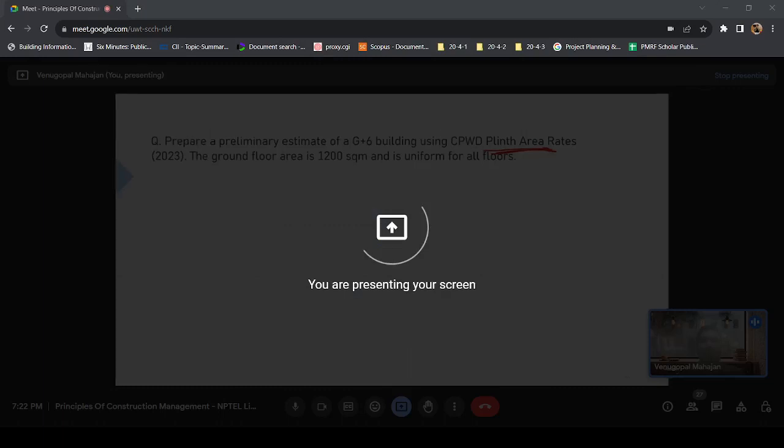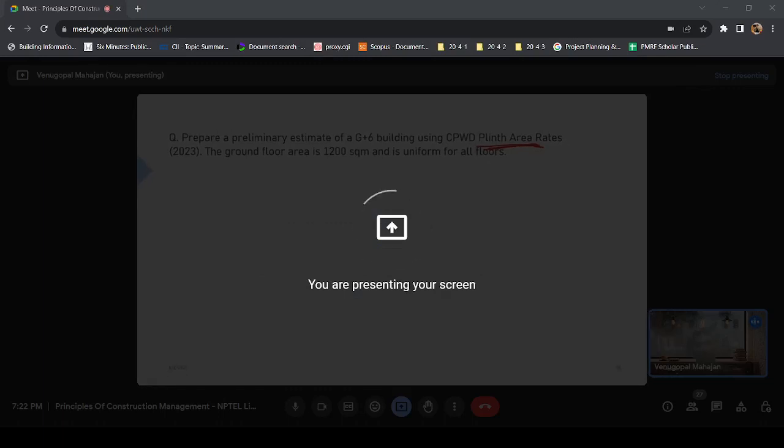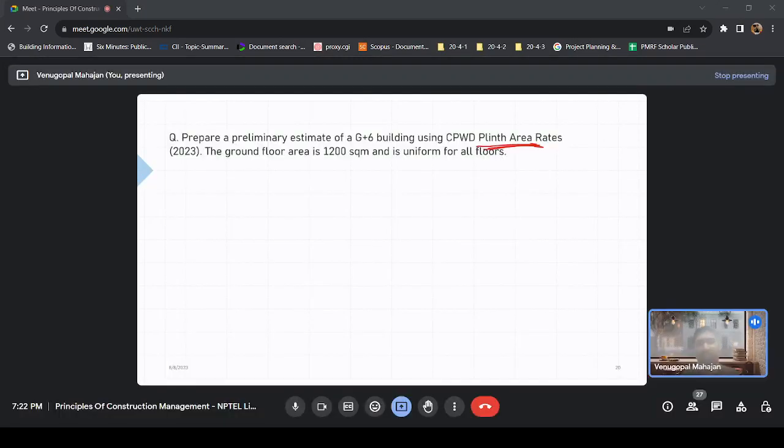So now you have to calculate for a G plus 6 building. You have to prepare a preliminary estimate. What other data do you need from me? Or is this sufficient for you?